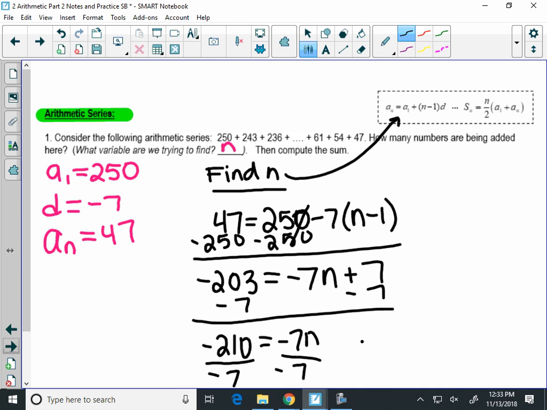What do you get for n? 30. So that means you are adding up 30 numbers here. From 250 to 47, if you keep subtracting 7 over and over, the 30th term is going to be 47.